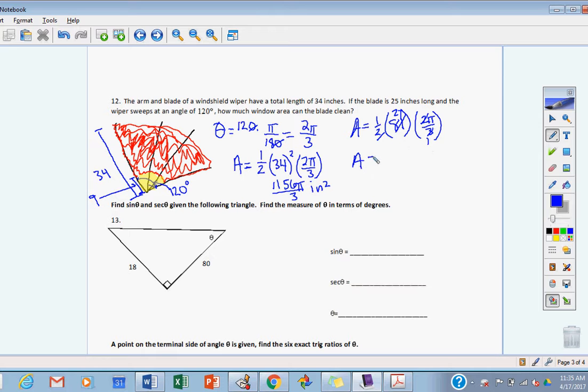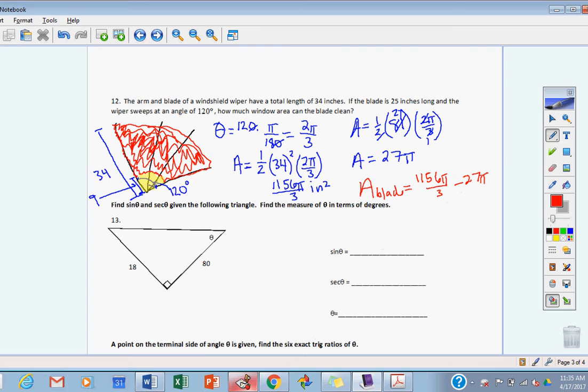So the area of that one is exactly 27 pi. So what do we do to find the area of the red? The area of the blade, I guess we should call it, is going to be equal to 1156 pi over 3, the total, minus that 27 pi.